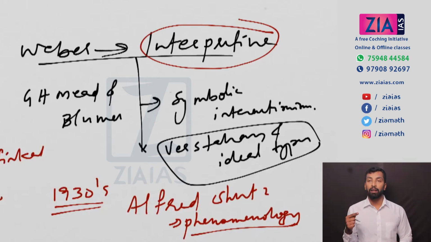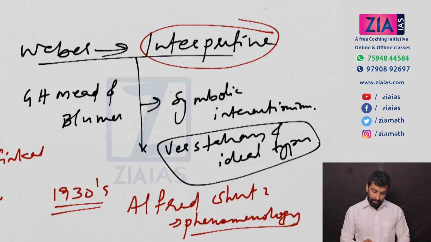More detail about the interpretive approach you will see when we discuss Weber, because we need to discuss more about Weber. So three theories we need to discuss about Weber. In all those cases you can understand this approach and his methods much better. Here, if you get a question on non-positivism, hardly can you write one paragraph, because Weber is not a pure non-positivist. At the same time, if you get a question on positivism, you need to mention Weber in one or two lines. If you get a question specifically on interpretive sociology, then you need to write more of Weber, and that we are going to study when we discuss Weber.